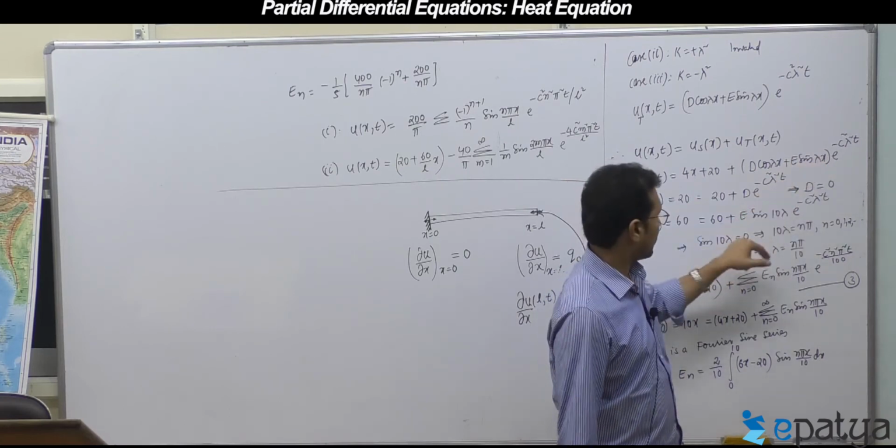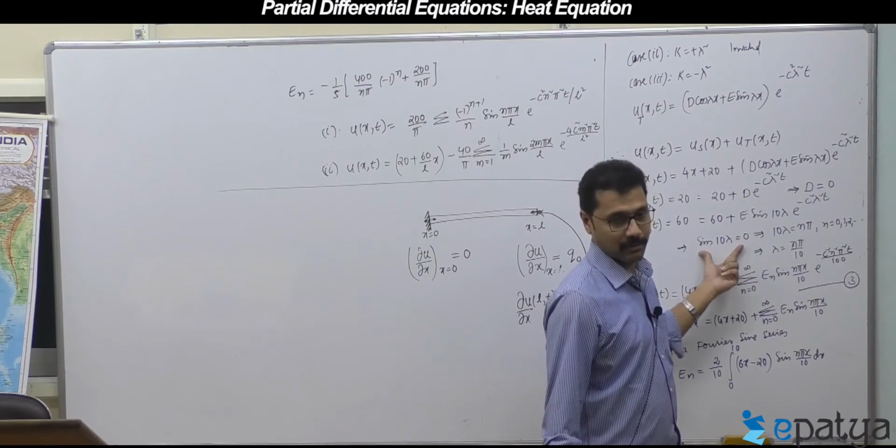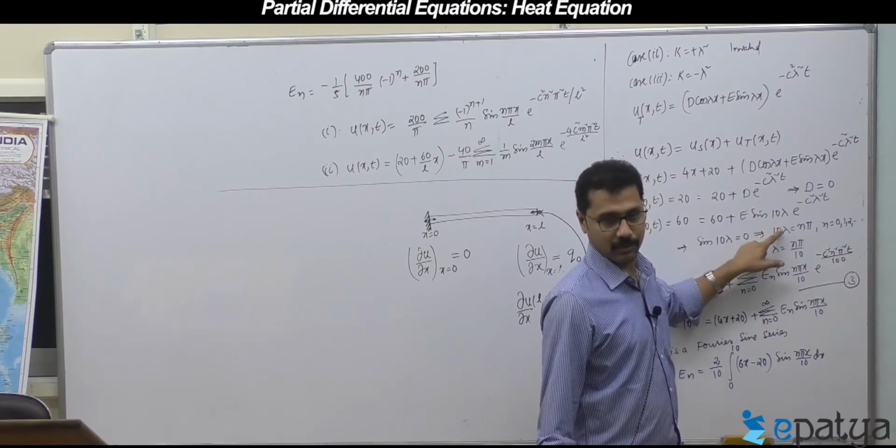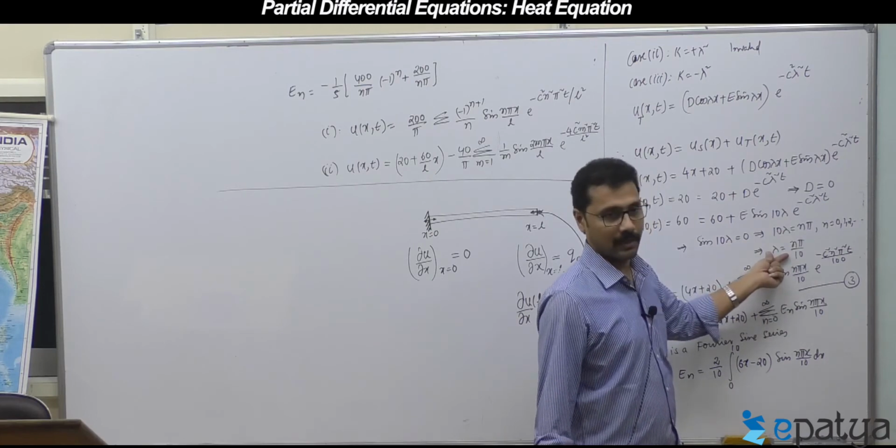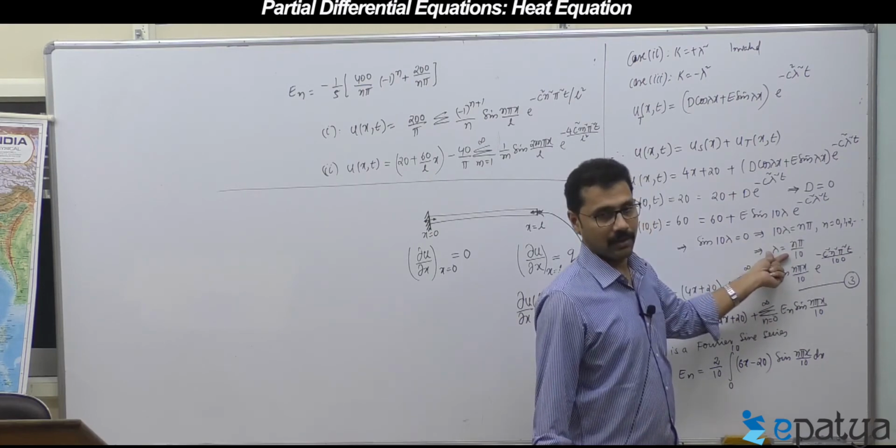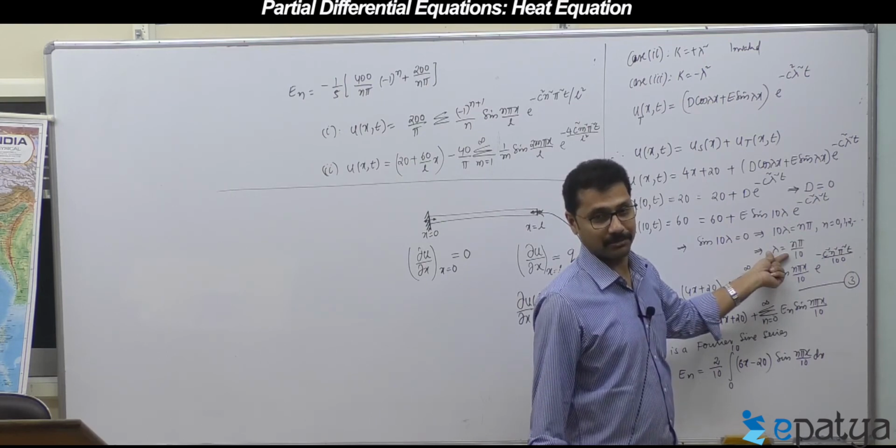So when cos lambda L becomes equal to 0, then lambda will be odd multiples of pi by 2.